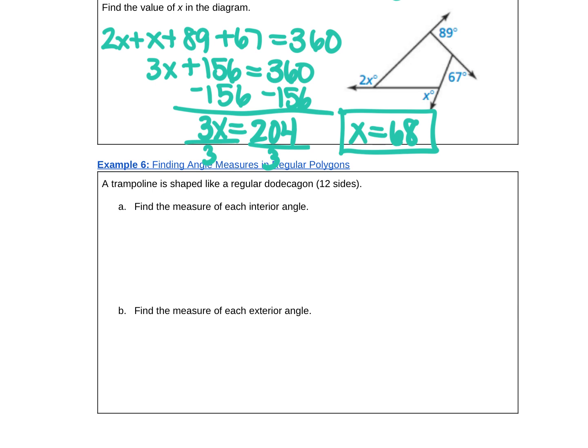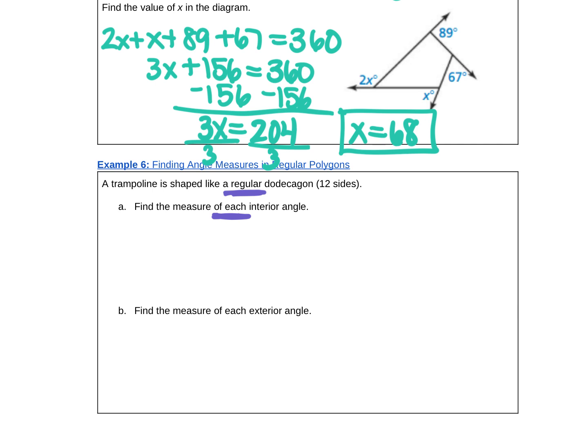All right. So a trampoline is shaped like a regular dodecagon, 12 sides. If you want to try to draw that, you go right ahead. I'm not going to do that. We want to find the measure of each interior angle. We know it's regular, so all of the angles are the same. And they want each interior angle, so that means they want one angle.